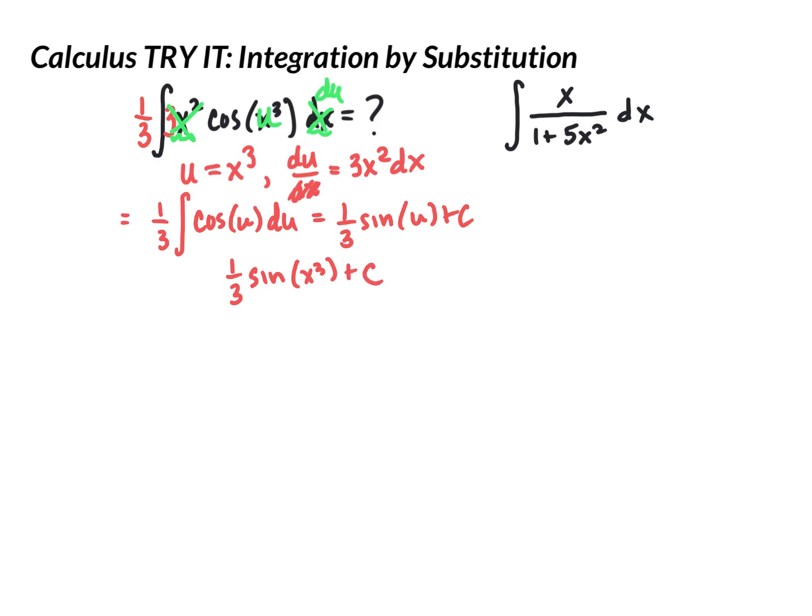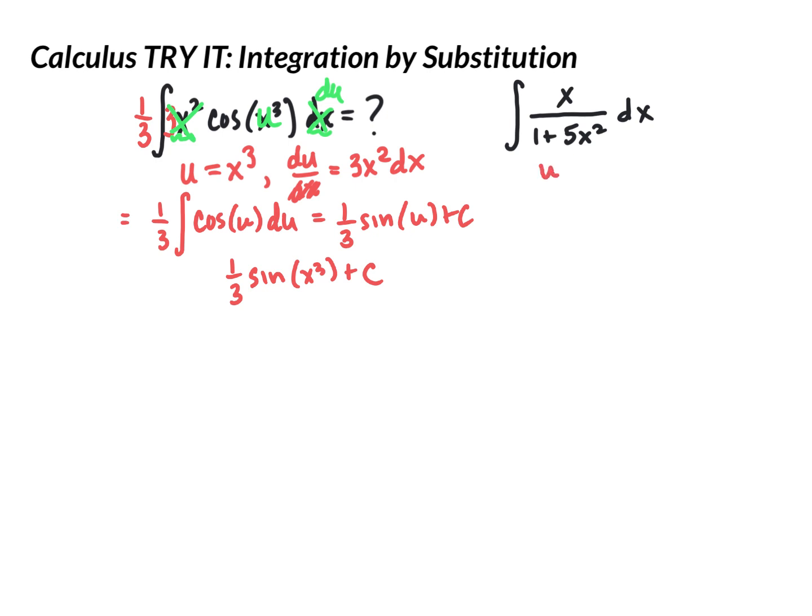In the second example, we have an x in the numerator, and on the bottom we've got a 1 plus 5x squared. So hopefully you can see, if u is going to be the denominator, the derivative of that would be the numerator. This is going to help us deal with this quotient. Again, we're trying to eliminate quotients and products into simpler things we can integrate.